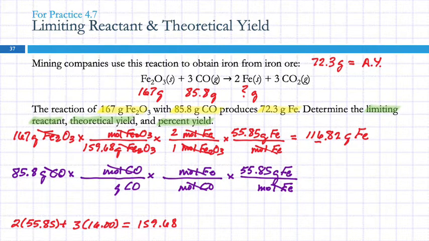55.85. In the middle, we've got the mole ratio, 3 moles of CO, 2 moles of iron. 2 moles of iron, 3 moles of CO. And then we need the molar mass of carbon monoxide, which is the mass of carbon plus the mass of oxygen, which is 28.01.